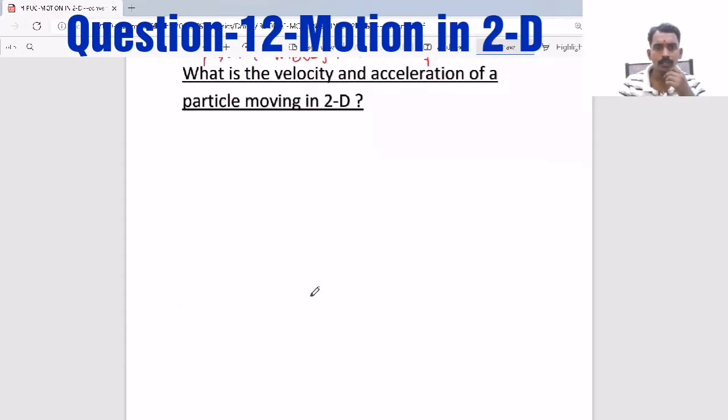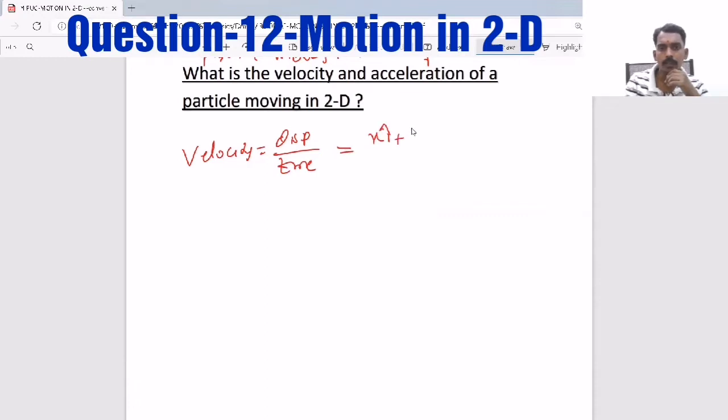And if you consider in a similar way, velocity equals displacement by time. Now displacement means x i cap plus y j cap, by t, or delta x i cap plus delta y j cap by delta t, or else dx i cap plus dy j cap by dt.